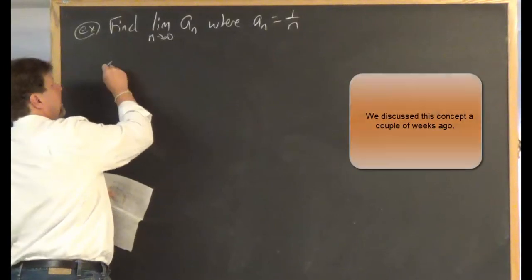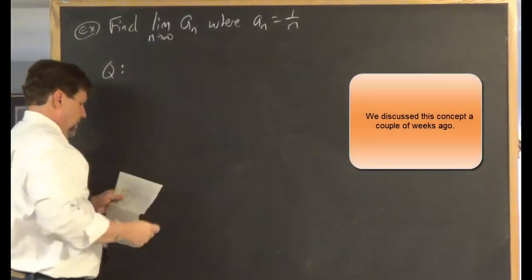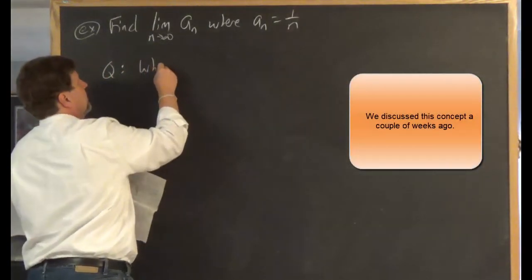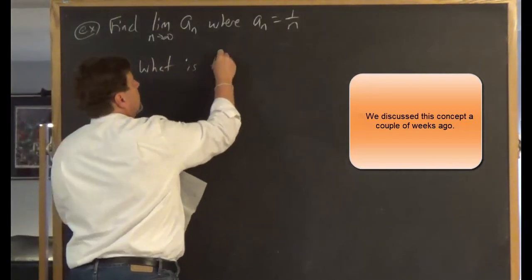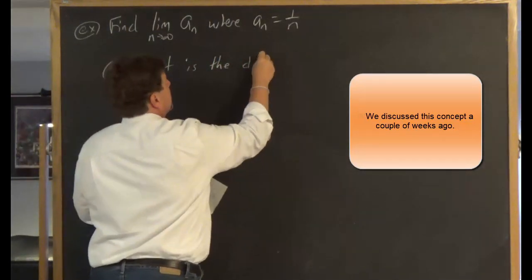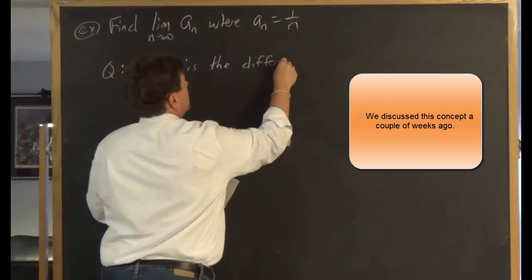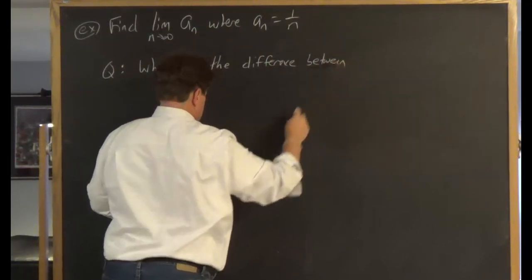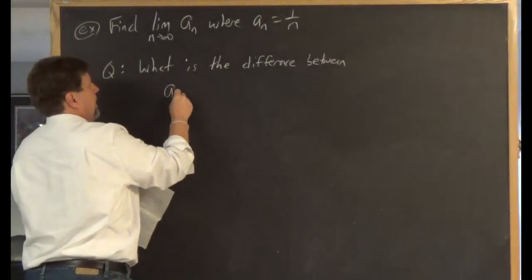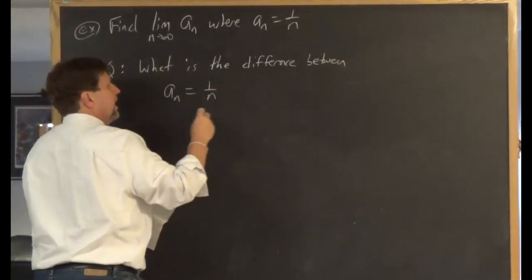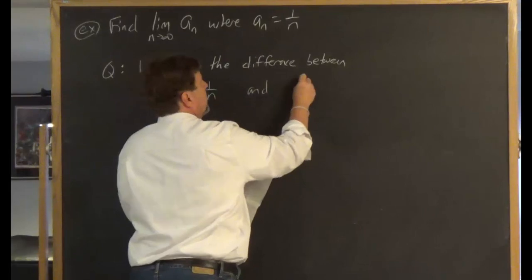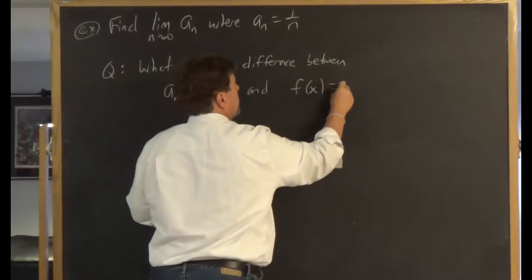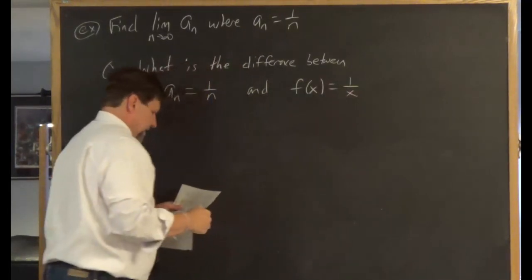And I'll write it down as another question here. What is the difference between a sub n equals 1 over n and f of x equals 1 over x?